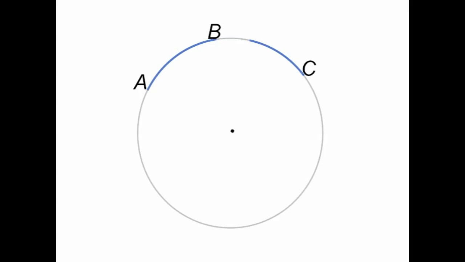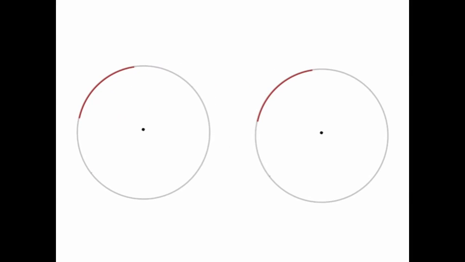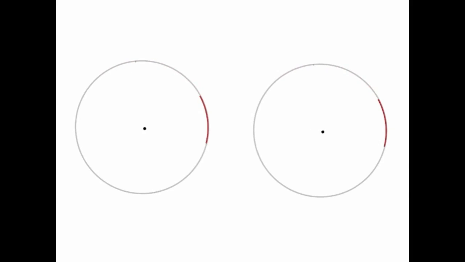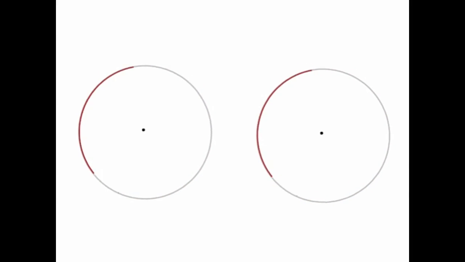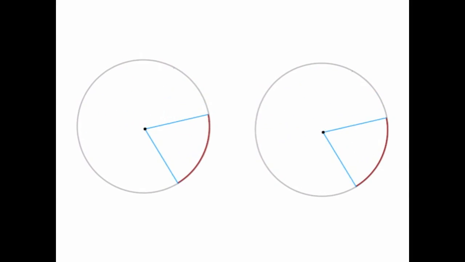In this case, arc AB measuring 40 degrees and arc BC measuring 30 degrees can be combined into arc AC, which measures 70 degrees. In the same circle, or in congruent circles, two minor arcs are congruent if and only if their central angles are congruent.